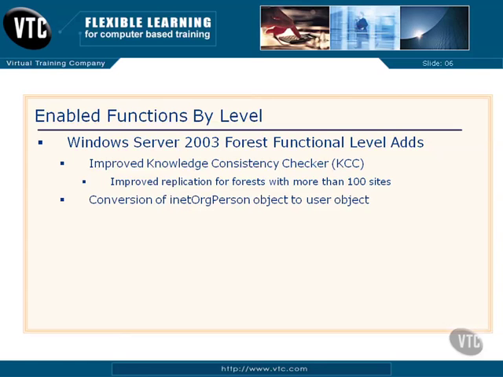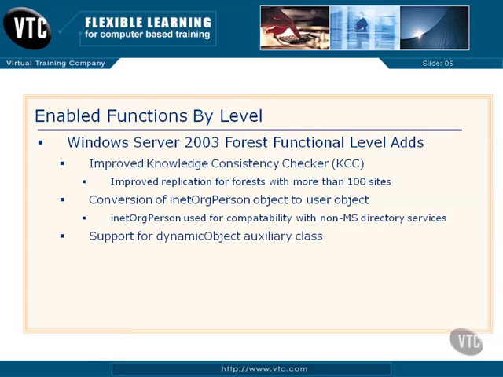Remember that inetOrgPerson objects talked about in the previous video? That thing is used to connect to non-Microsoft directory services, Kerberos type services. Well, you can now convert that into a user object, and you might want to go read about that if you're having those issues. There's also now support for dynamic object auxiliary class, and this class can be used in domain directory partitions now.